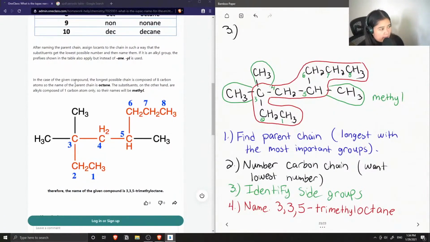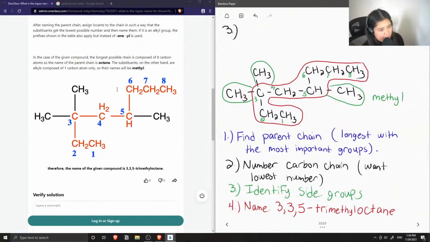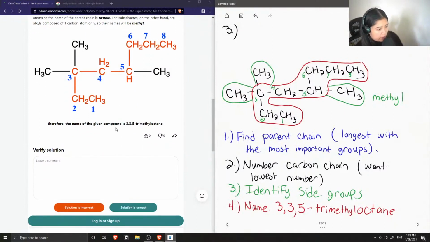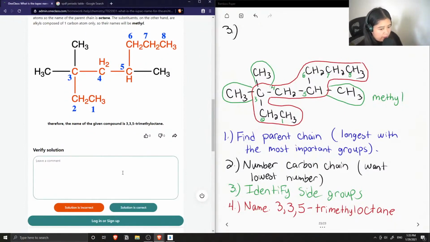In the case of the given compound, the longest possible chain is composed of 8 carbon atoms. So the name of the parent chain is octane, and the substituents, on the other hand, are alkyls composed of only 1 carbon atom, so their names will be methyl. They color-coded the parent chain in red and named the compound 3,3,5-trimethyloctane. Okay, so this solution is correct.